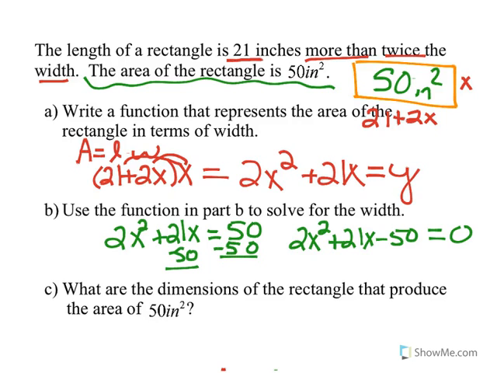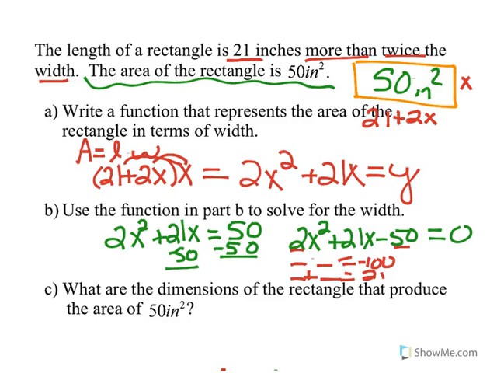We have a couple choices. Do we want to try and factor it, or do we want to go right to the quadratic formula? Well, let's take a moment and think about that. Can we think of two numbers that multiply to a times c, which is -100, that add to 21?